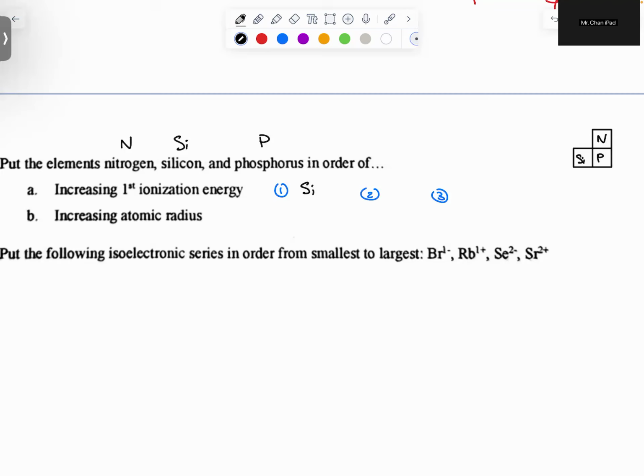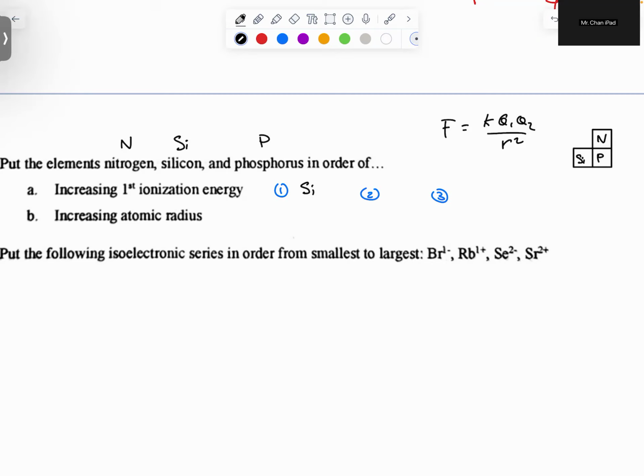And do not forget what you learned about Coulomb's law. The R, which is the distance, is being squared. So the impact of the distance is going to be doubled, okay, compared to any other things. That's why anything in period 3 is going to have a smaller ionization energy than period 2, because you have one extra layer farther away from the nucleus.